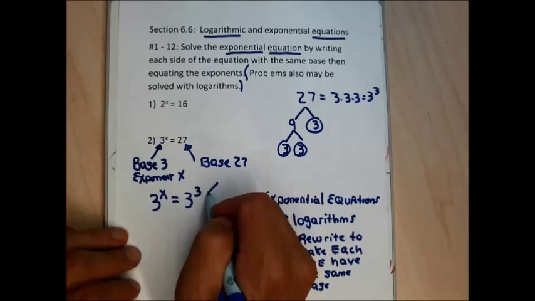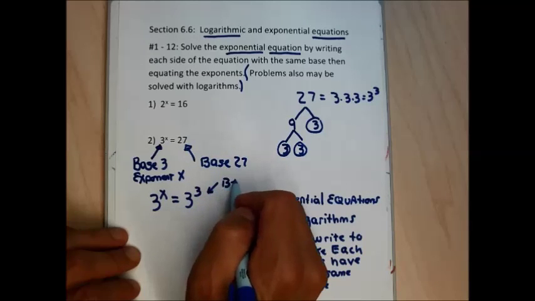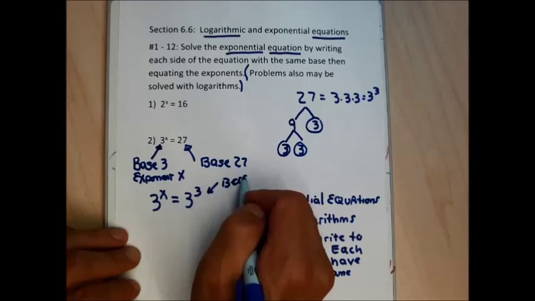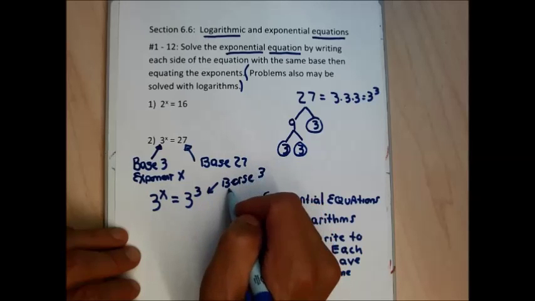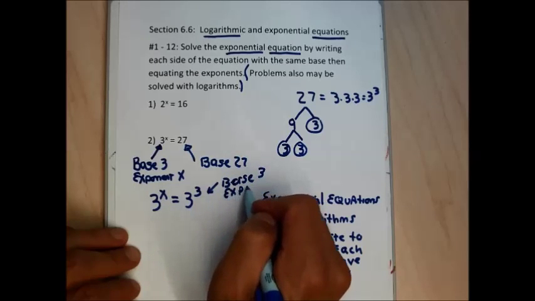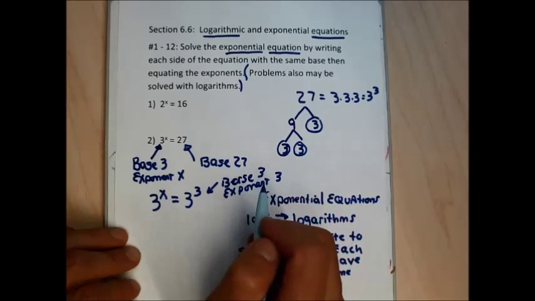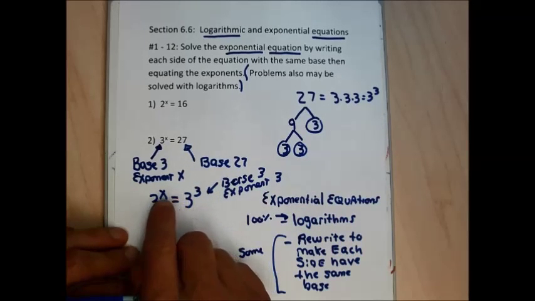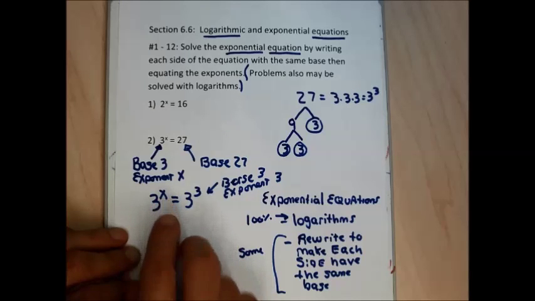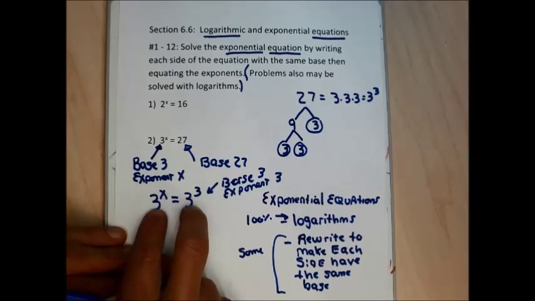Now, on this side, the base is 3, and the exponent is 3. In an exponential equation, an equation that has an x and an exponent, if it's possible to write each side with the same base, then we can drop the bases and set the exponents equal to each other.